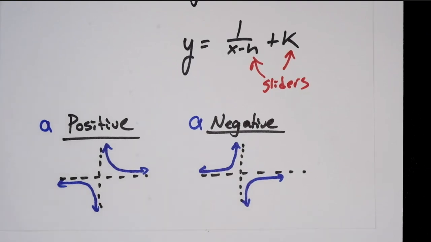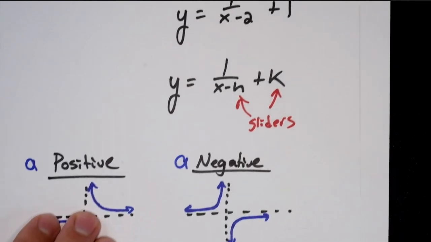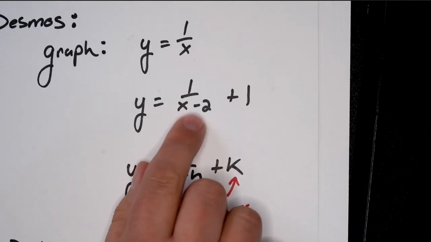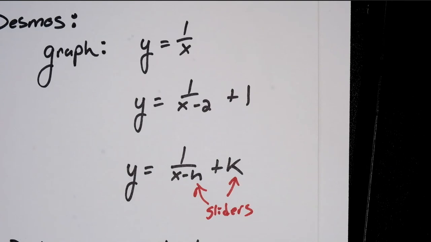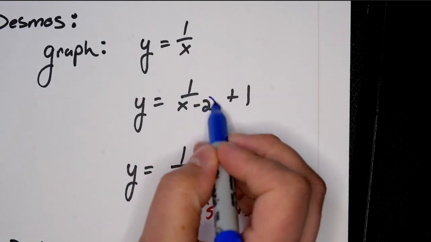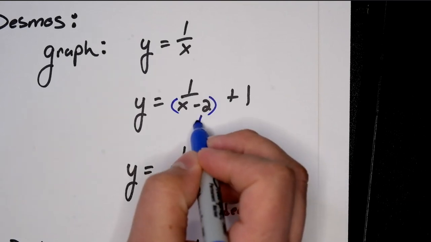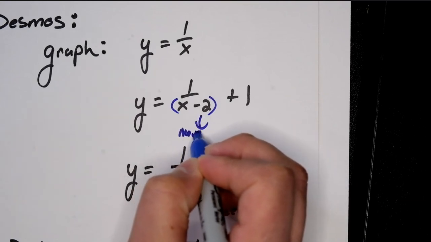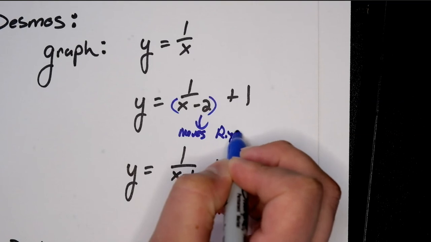Okay? So I want to look at this one right here before we leave, and I want you to identify what transformations are going on. So looking at this one right here, this is paired with the x. So this moves rightward.